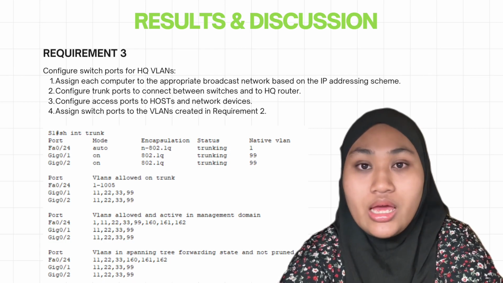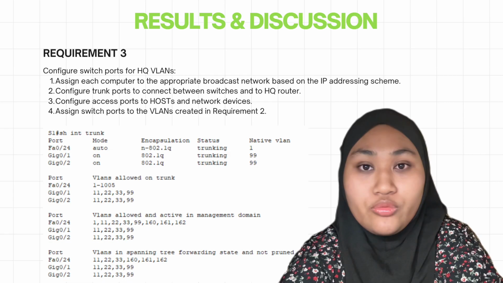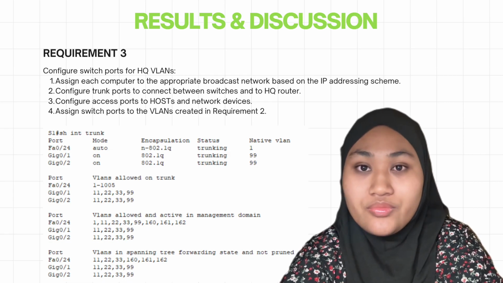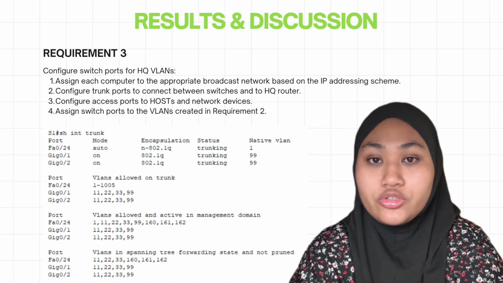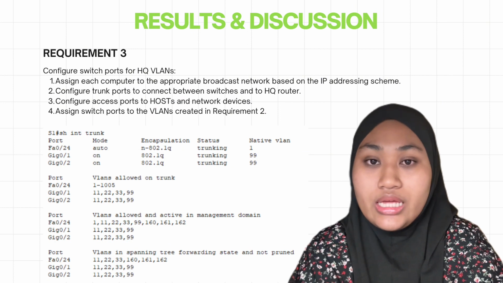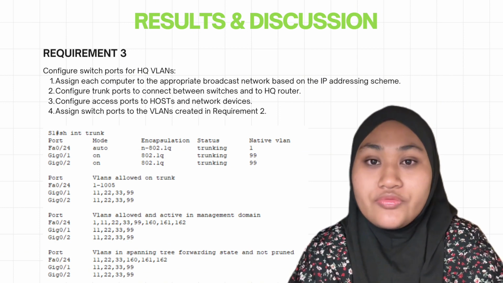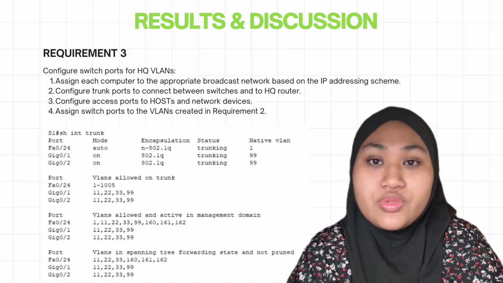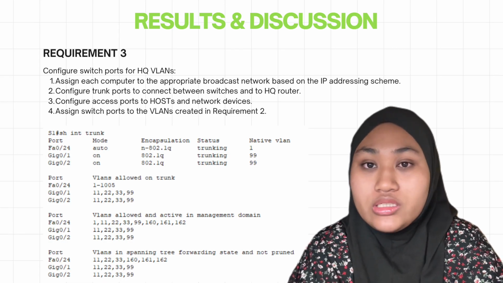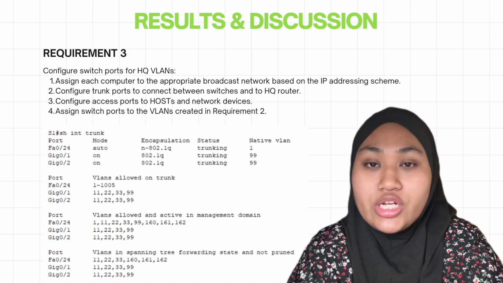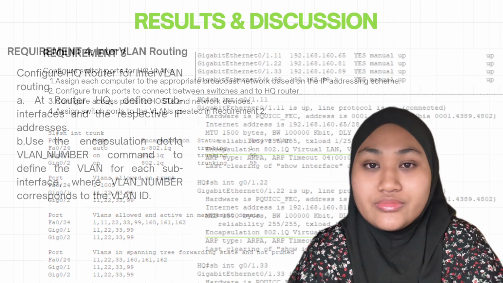Next, to configure trunk, enter int with specific port and then switchport mode trunk. Switchport trunk allowed vlan 11,22,33,99 and exit. Now, to configure access port to ensure they belong to the correct VLAN, enter int with specific port name, switchport mode access, access vlan 11 and exit. This must be repeated for the others as well. To verify all these are correct and has been done, we can check by using command show interface trunk.